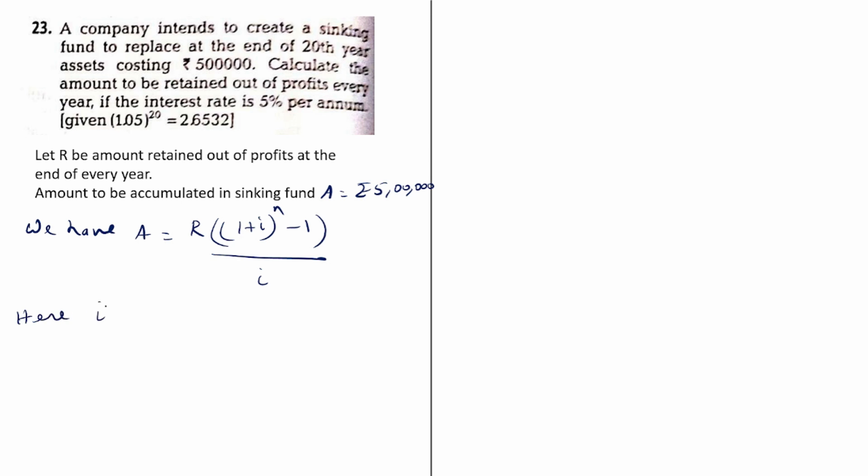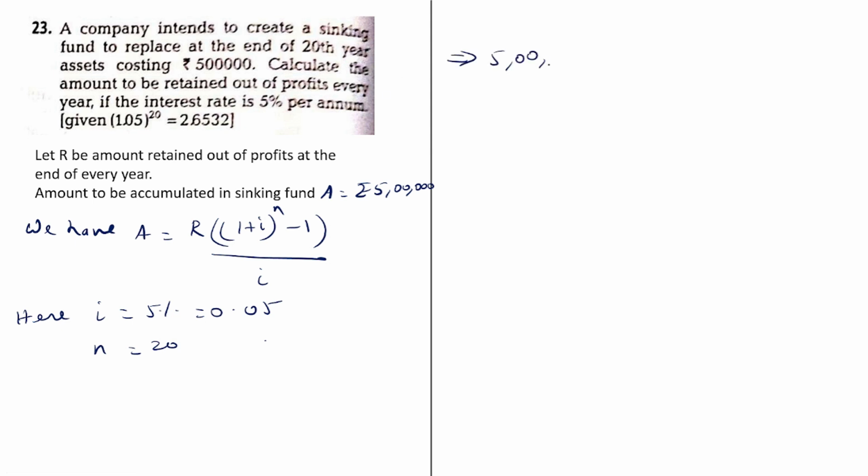Here i is 5%, it is 0.05 and n is 20 years. Since there is no compounding done, the interest rate is taken per annum and the number of periods is also equal to 20. So we can substitute all these and we can find R.